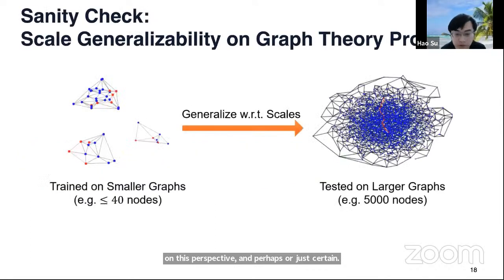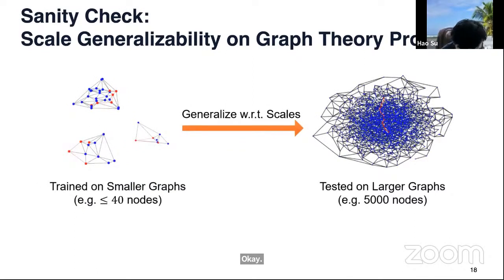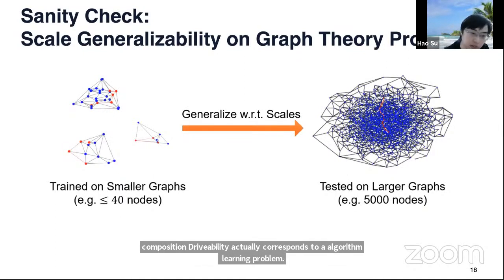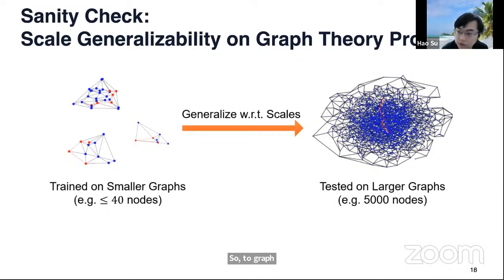Now, because we have pointed out that the desired compositional generalizability actually corresponds to an algorithm learning problem, let us do a certain kind of sanity check. Do graph neural networks really generalize when solving graph theory problems?